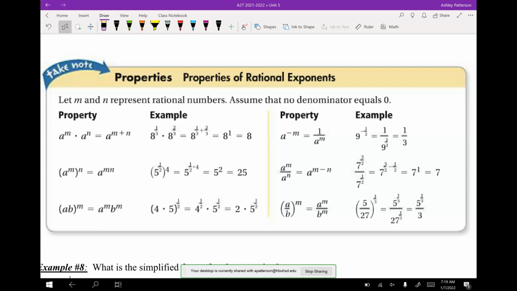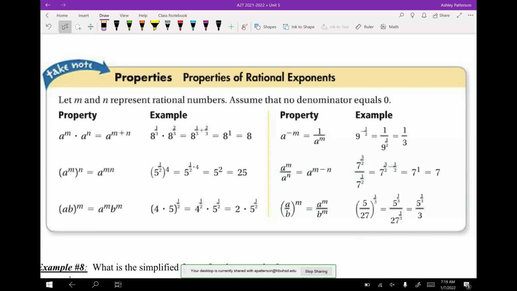And I'm going to say that a lot, because now that we're dealing with rational exponents, if we have 9 raised to the negative 1/2 power, I don't take the reciprocal of the exponent. You're taking the reciprocal of the base and then simplifying from there.